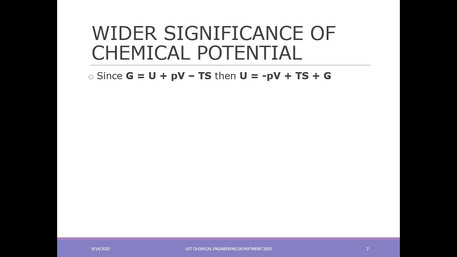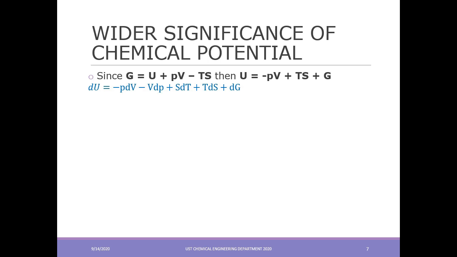Then, isolating the term for internal energy U, we get U equals negative PV plus TS plus G. Therefore, an infinitesimal change in internal energy for a system of variable composition becomes this equation.